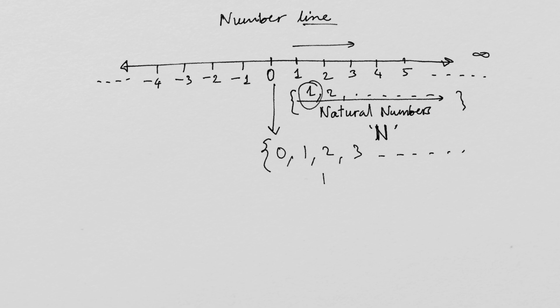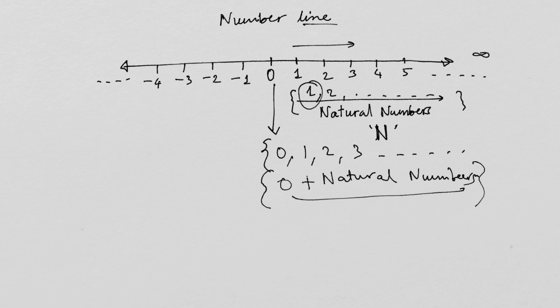So just like in natural numbers, if we include 0 in the collection or in the group, then whatever we get is called the whole numbers. The symbol for whole numbers is W. Brilliant.